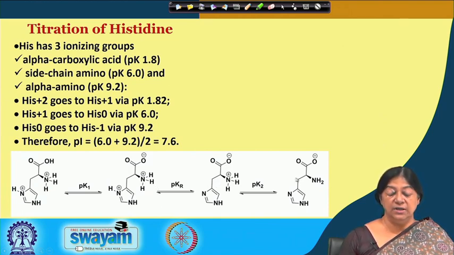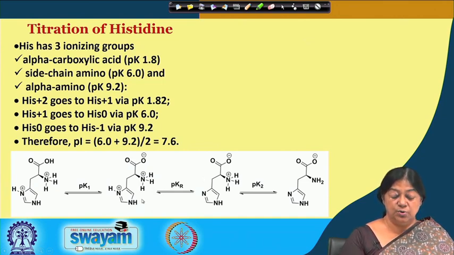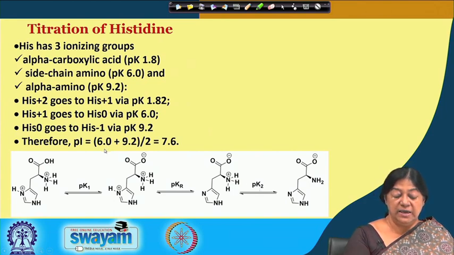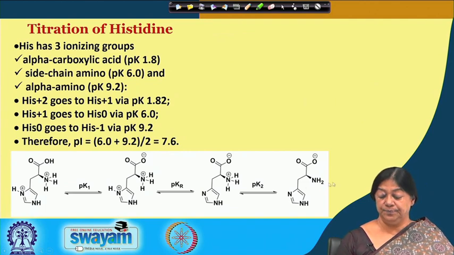What are we interested in? We are interested at the specific point where the charge is going from +1 through 0 to -1 and the pK values responsible for that. So, what are the pK values responsible for it? It is the pKr, which is 6, the pK2, which is 9.2. The average of that gives us the Pi of histidine.